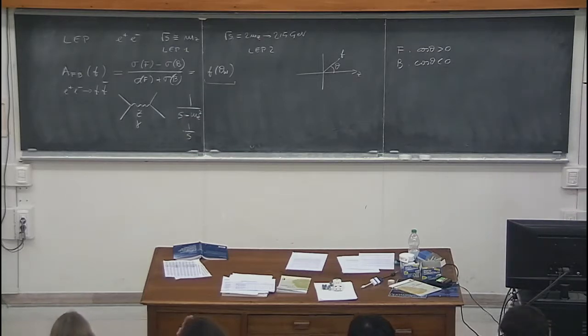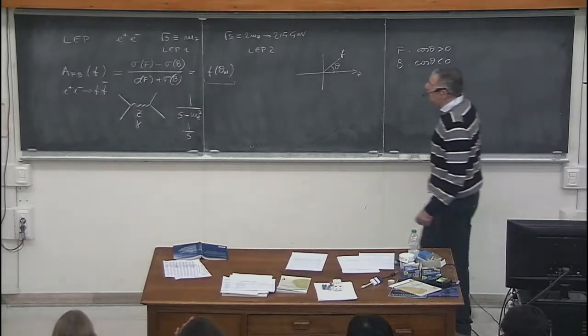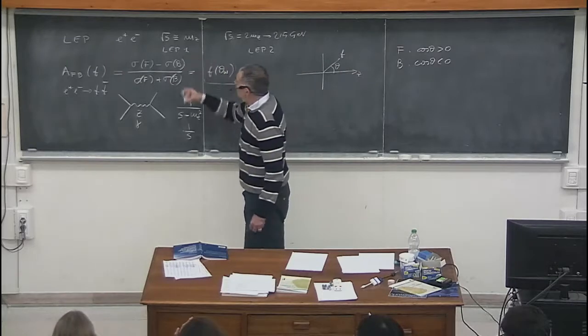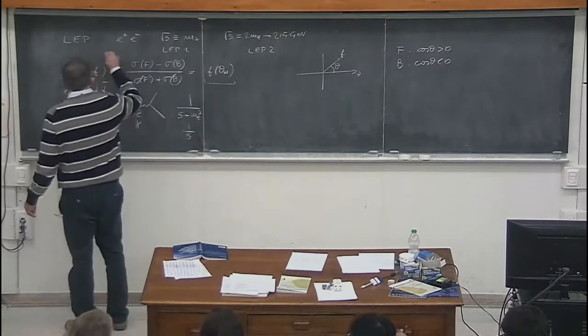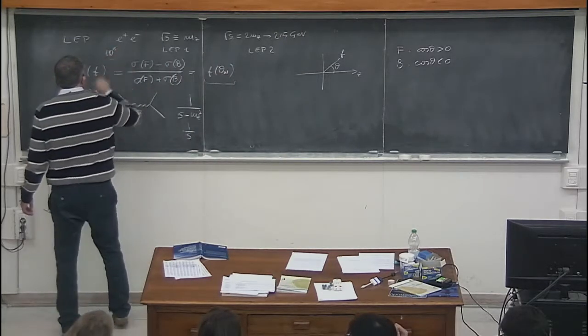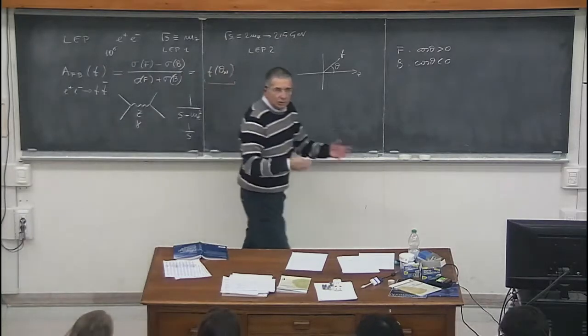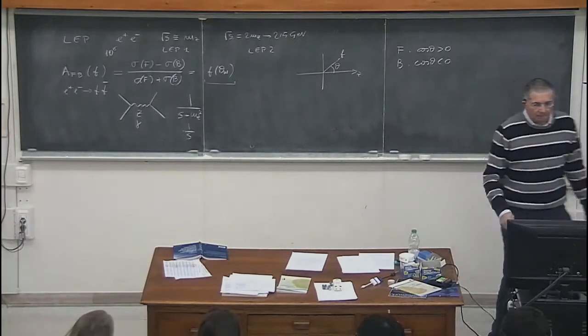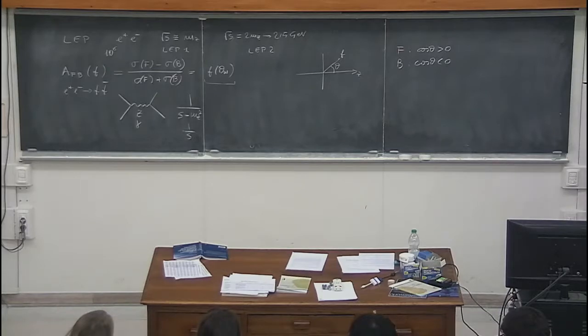The order of magnitude is that they produce something like 10 to the 6 Z0 bosons, so an enormous statistics for the 4 experiments that were operating on the LEP machine. So this is the first of the important tests of the standard model.